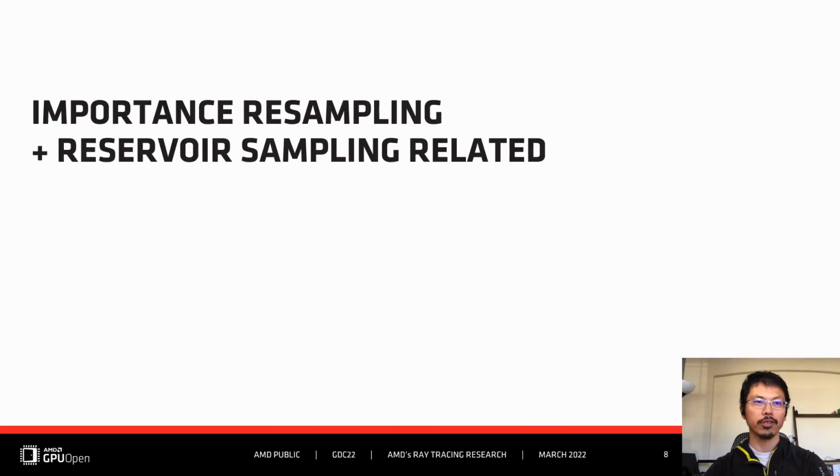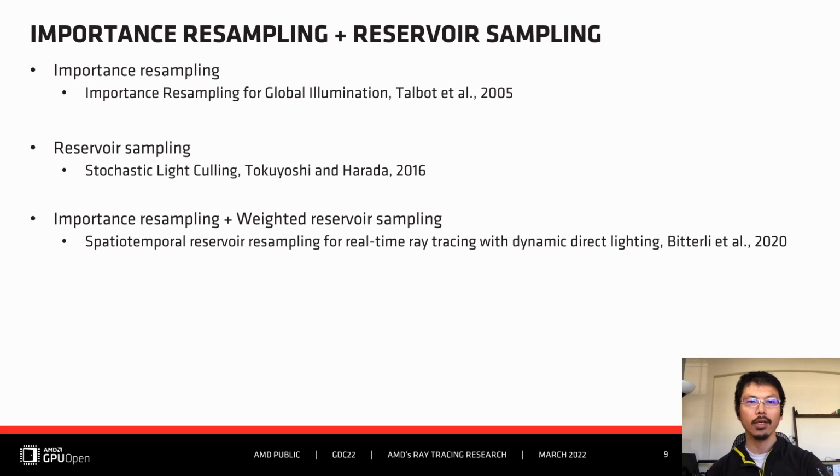Okay, I'm going to talk about importance resampling and reservoir sampling related methods next. Importance resampling was first introduced to the graphics community by Talbot et al. in 2005, and reservoir sampling was first used in the stochastic light culling paper published in 2016.